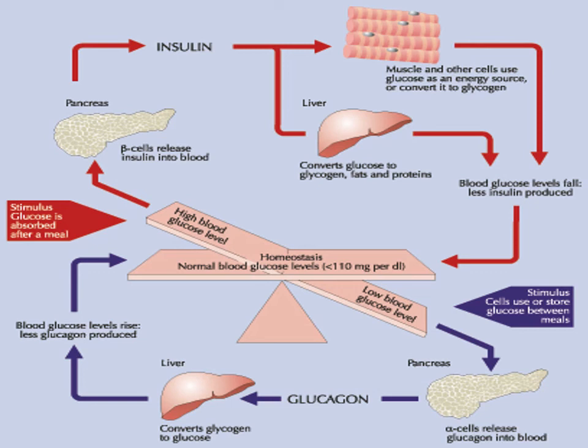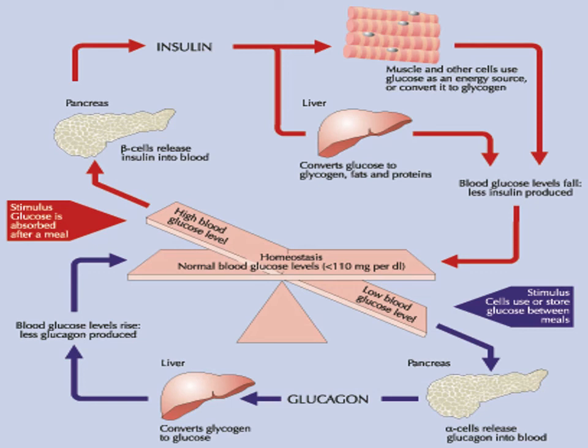When the blood glucose level is increased, it will stimulate secretion of insulin from the pancreas. Insulin is produced. It will act on the liver and the tissues, muscle and other tissues, to enhance the glucose uptake.